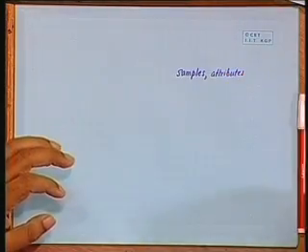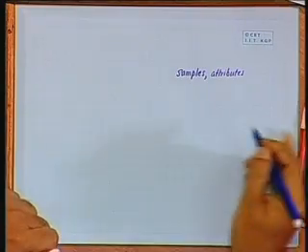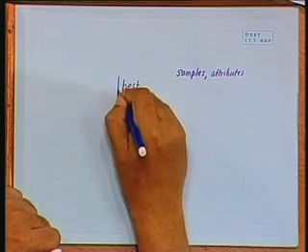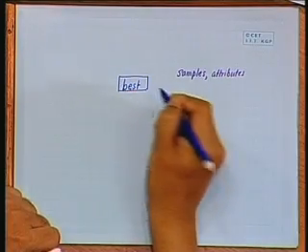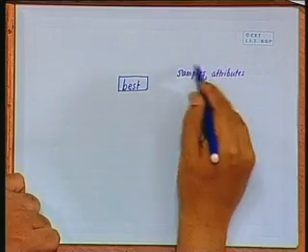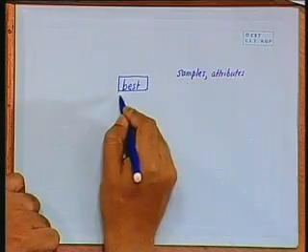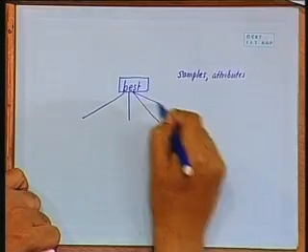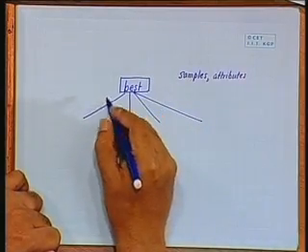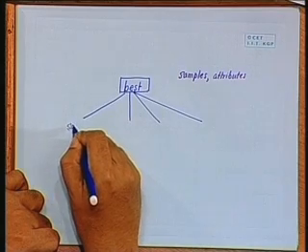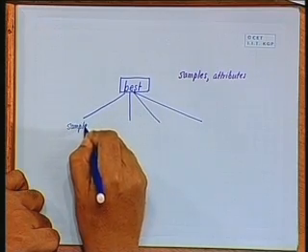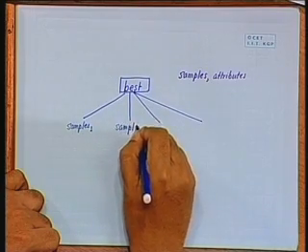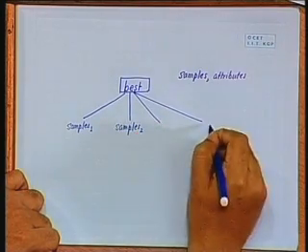Then from this attribute set we chose one which is called best, and then we took this sample set and split it up depending on the values that best can take. So here I will have samples 1, samples 2, samples 3 and samples 4.